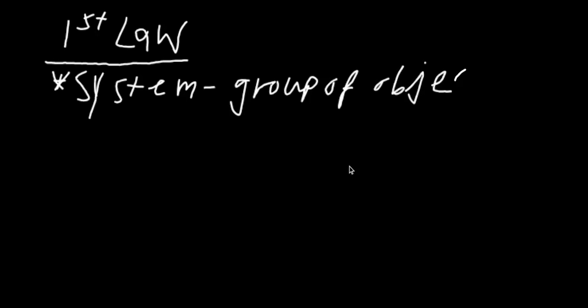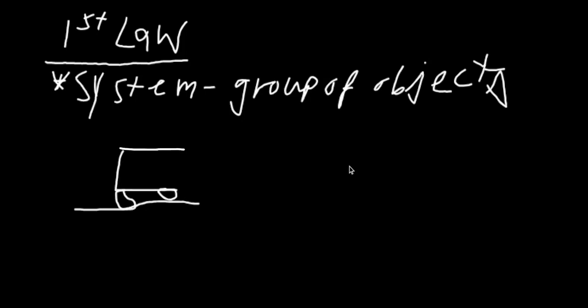So, for example, let's say we have a wagon, and let's say we just have a collection of objects in that wagon, and we have two people who are going to be pushing on it.